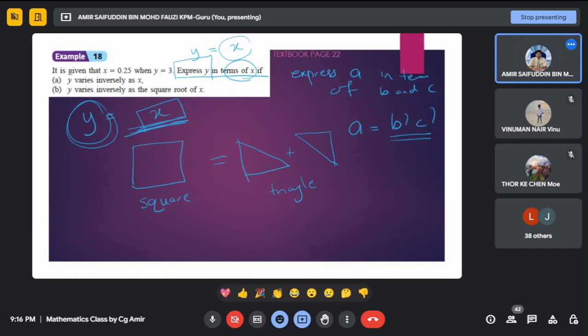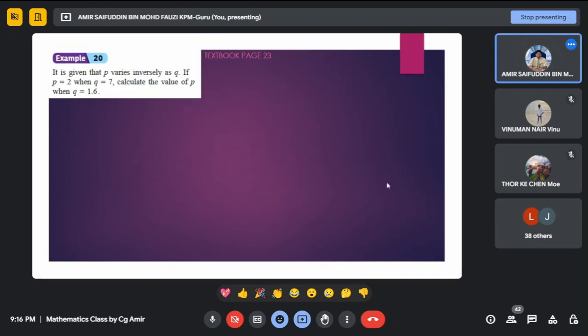Okay, last question. Example 20, still inverse variation. How do we know it is inverse variation? Because we can see the word "inversely". If we see the word inversely, that means inverse variation.